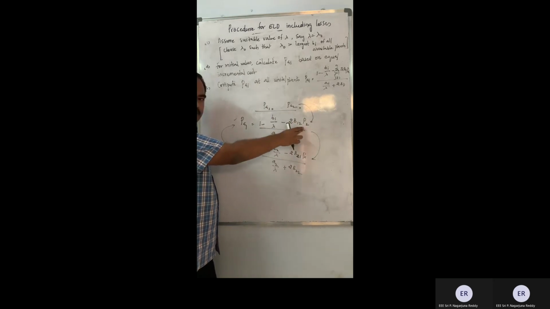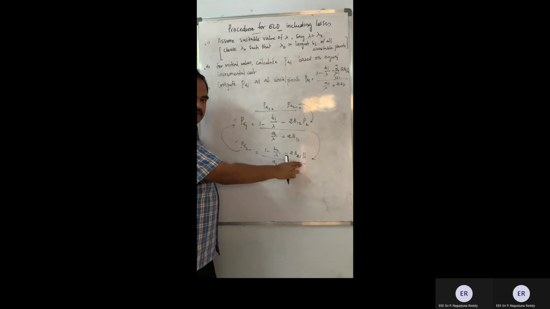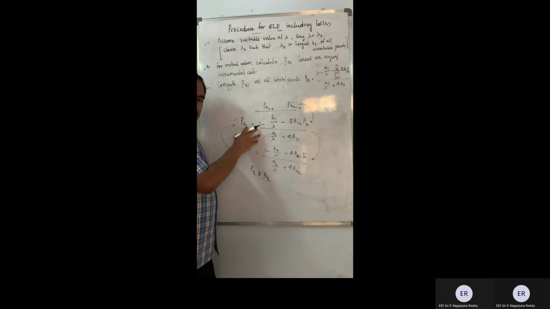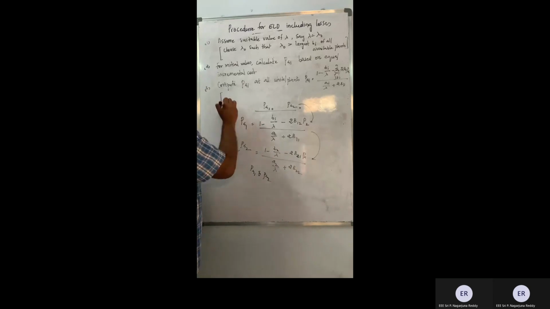Initial values you have substituted here. Again, these values are to be substituted here. So this process is to be continued within this loop till your PG1 and PG2 do not change further. This optimization is to be done here.